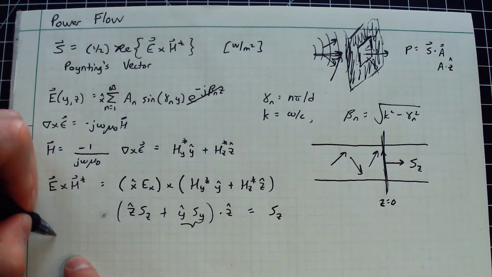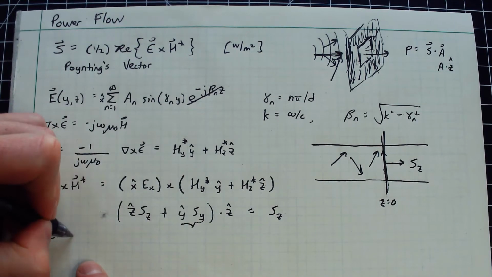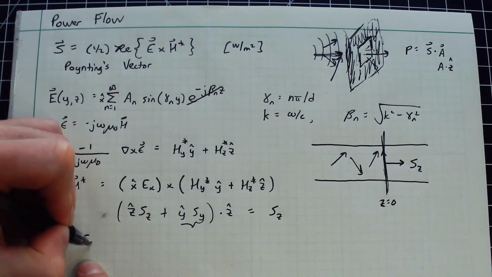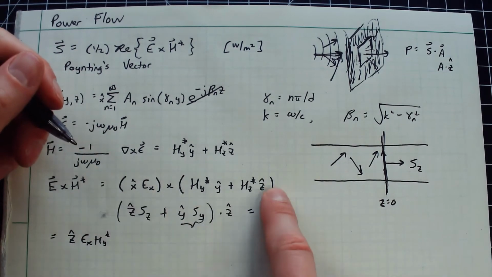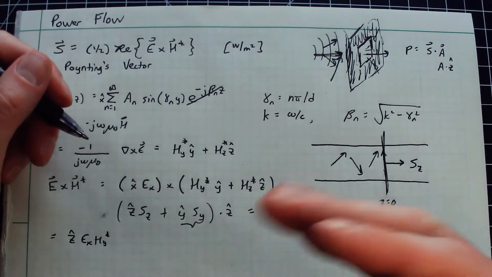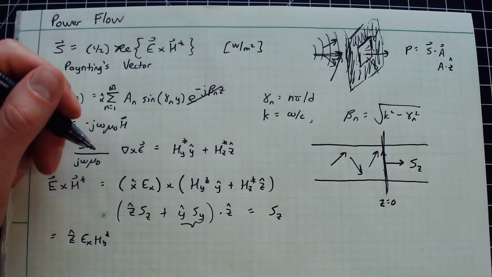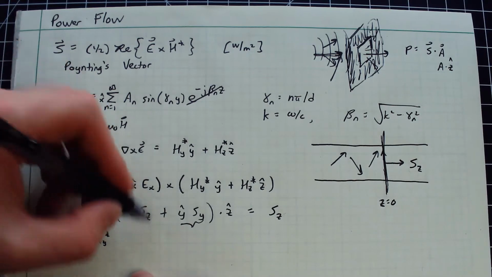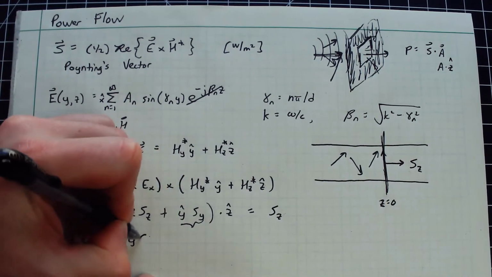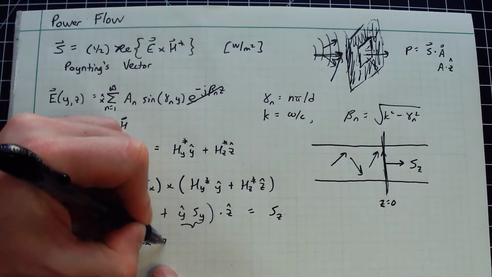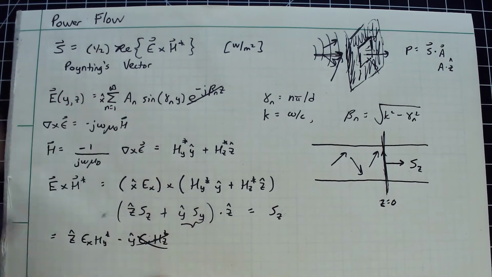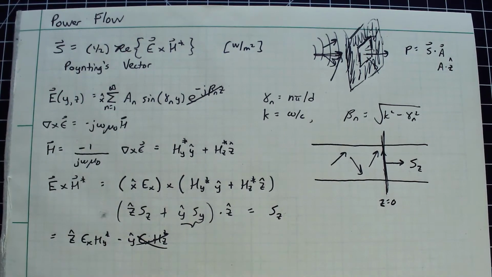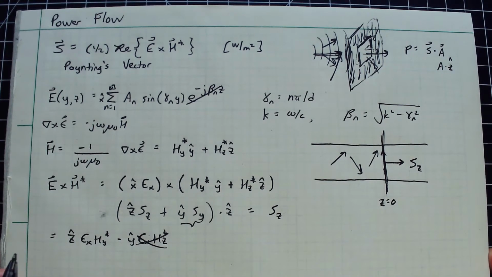So in effect, what you'll get is the following: z hat E_x H_y conjugate, and then x cross z, if I can do that in my head, I believe will be negative y times H_z conjugate. But we don't care about this particular piece of it here. So this is the only bit of my Poynting vector that I care about at the end of the day.